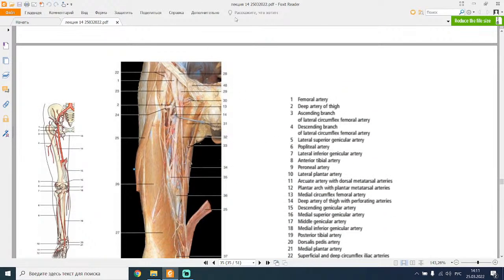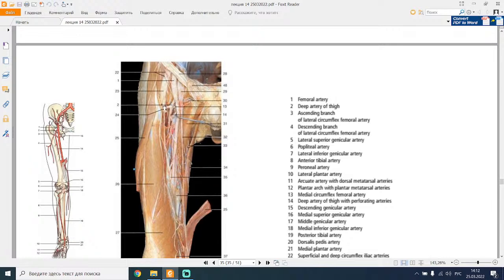You see a natural cadaver. This is arteria femoralis. This is arteria profunda. This is arteria perforans. This is the ligamentum inguinale, vein femoralis, arteria femoralis.